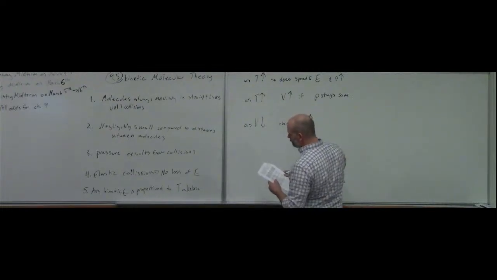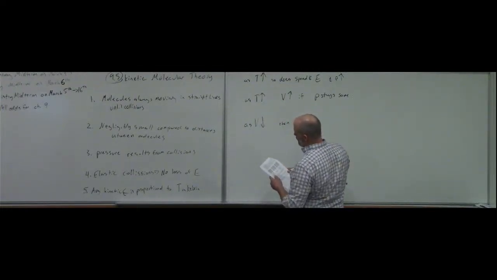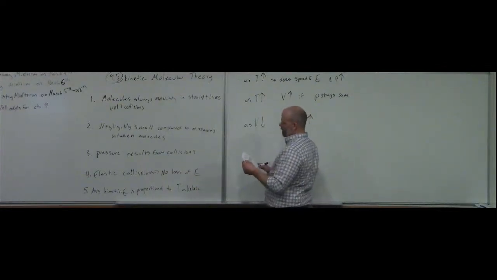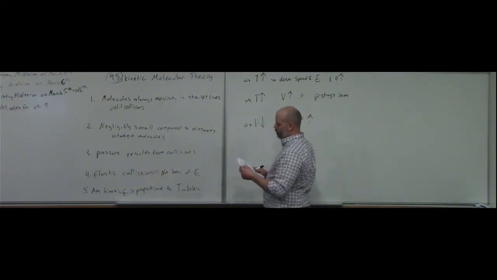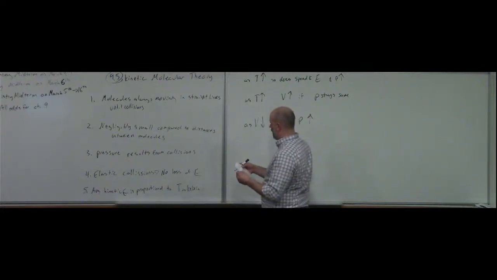Avogadro's law. At constant pressure and temperature, the frequency and force of molecule-to-wall collisions are constant. Under such conditions, increasing the number of gaseous molecules will require a proportional increase in the container volume in order to yield a decrease in the number of collisions per unit area to compensate for the increased frequency of collisions.